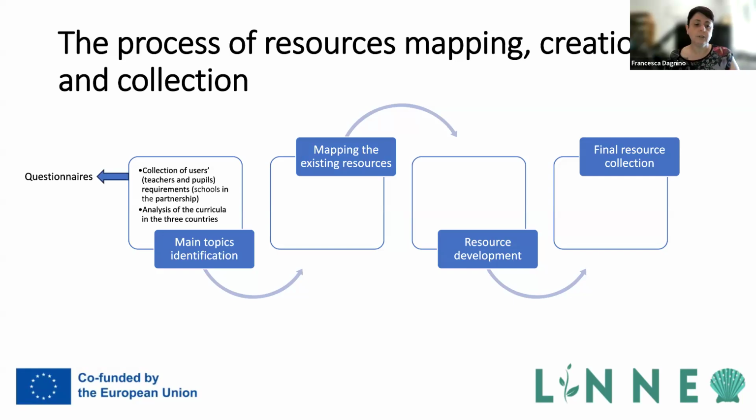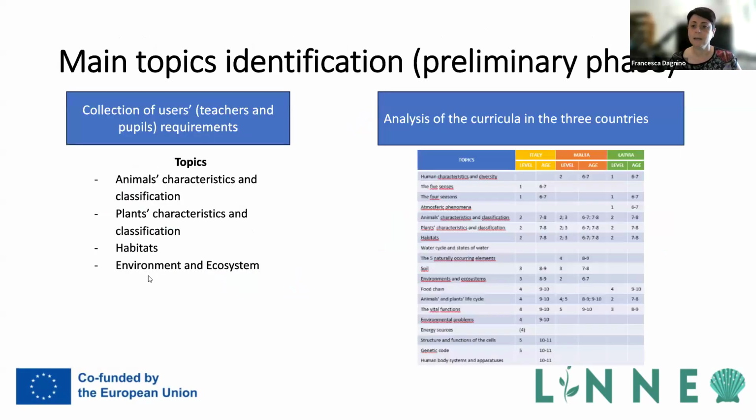The collection of users' requirements has been done through questionnaires, and involved the teachers and the pupils of the schools in the partnership, while the analysis of the curricula in the three countries has been carried out through document analysis. Here I show you the results of this preliminary analysis.